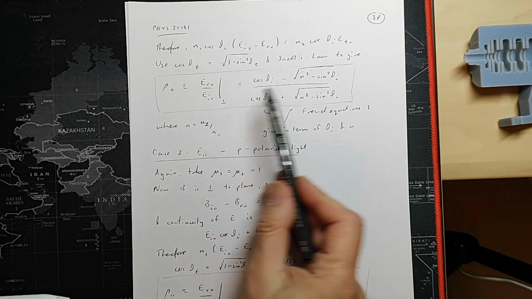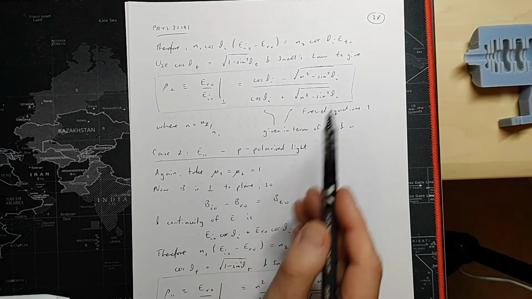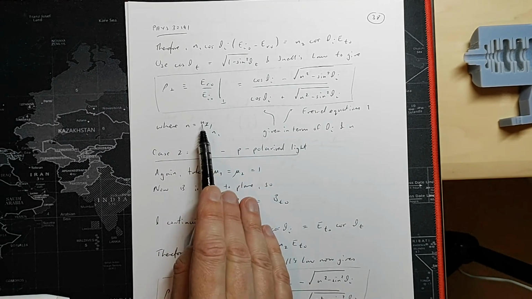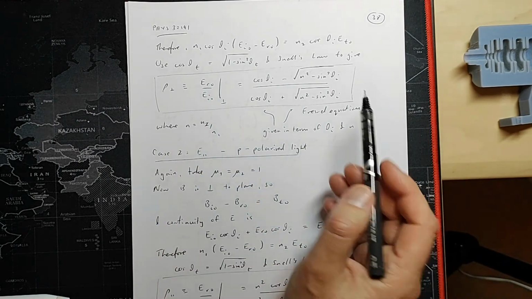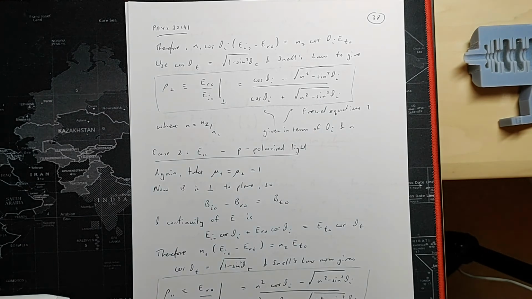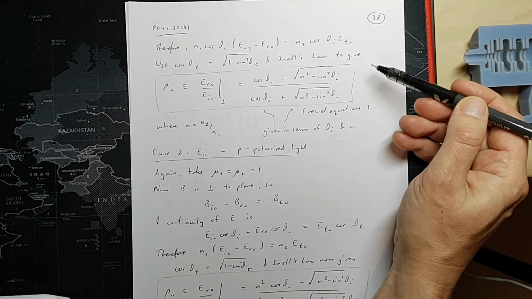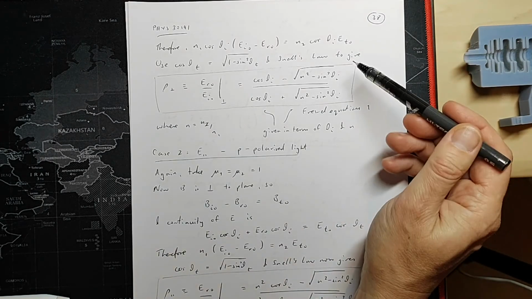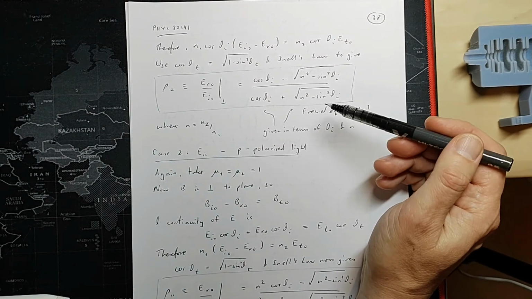So the way in which it is being expressed here is to write down n as being the ratio between n2 and n1, and I've also given it only in terms of the incident angle. So this is one way to write the Fresnel equations. There are other ways to write them where we think about the transmitted angles and the true refractive indexes, and also we can give it in other forms.